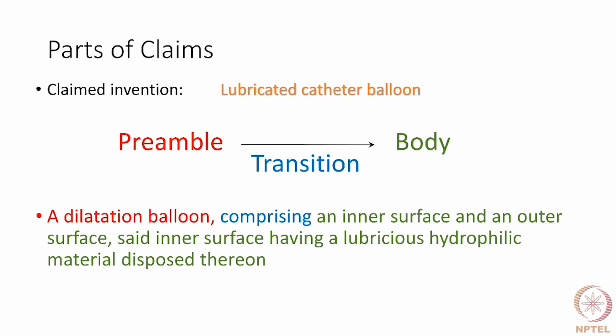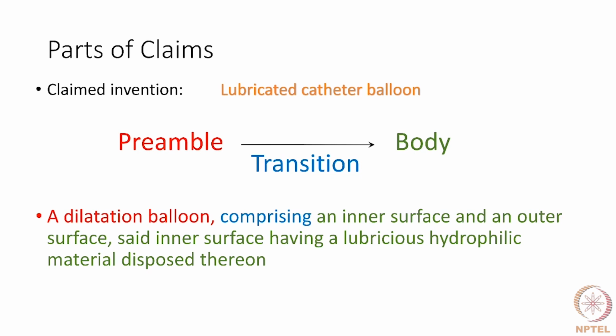Now, the preamble introduces the broad field of invention. The comprising, or the transition, tells you where the claimed part of the invention begins, because after the transition, what is highlighted in green is what is unique for this invention. And again, you could have dilatation balloons with inner and outer surface. That's perfectly fine. But in this case, the inner surface has a lubricious hydrophilic material.